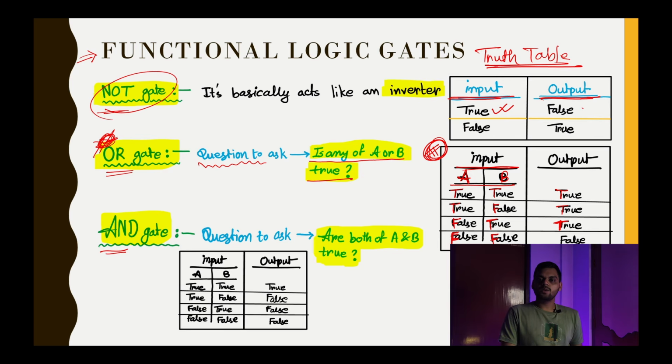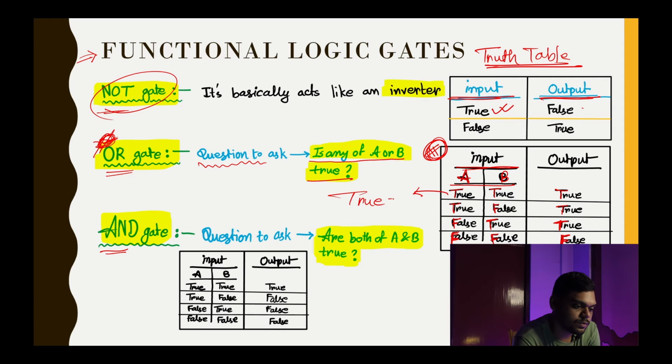We will answer no, none of them are true. So the output will become false. Okay, so this is all about the OR gate. You can interchange true with 1 and false with 0 in any of the logic gate systems.